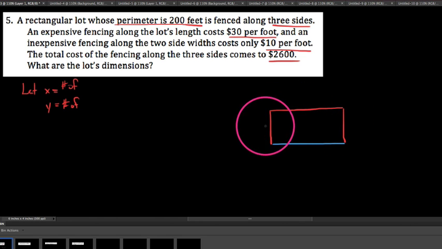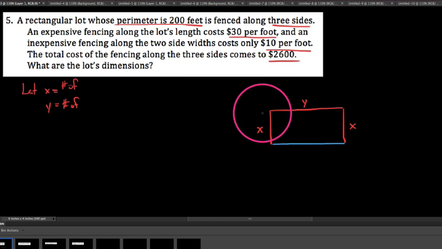In terms of dimensions, we have width and we have length. I'm going to interpret the width as being these two sides right here. Why don't we call the width x, and we'll call the length y.